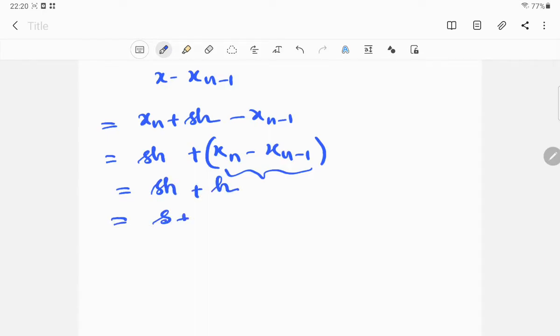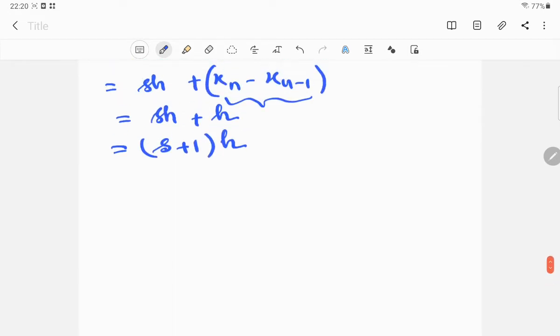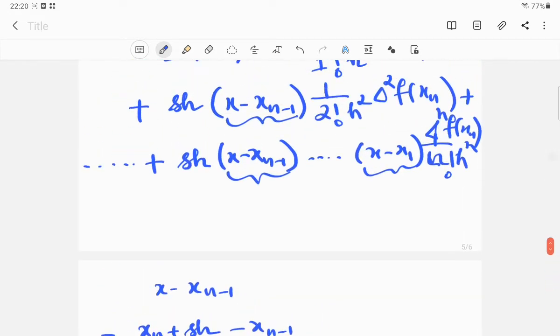So s plus 1 into h. So here, in place of x minus x1, I can write s plus 1 into h.